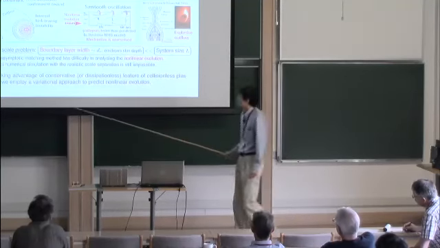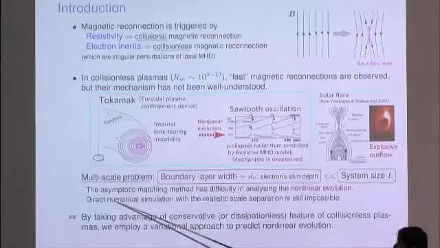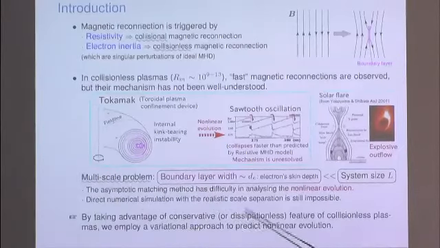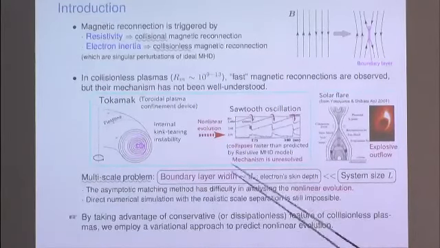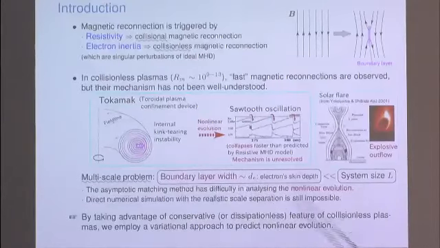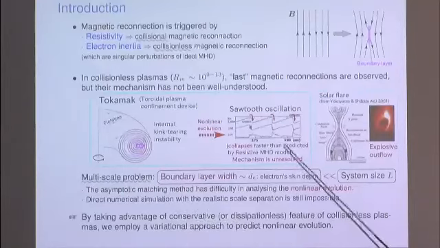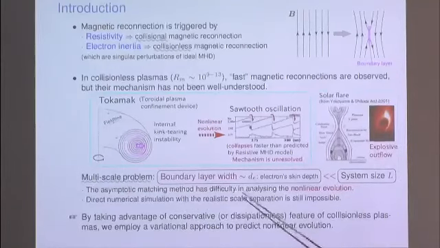So the conventional asymptotic matching method has difficulty in analyzing this nonlinear evolution. The linear part is okay, but nonlinear evolution is very difficult to analyze. Also, direct numerical simulation with this realistic scale separation is still impossible, even with modern supercomputers.